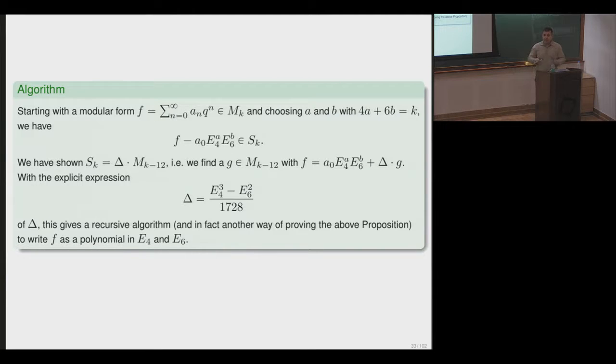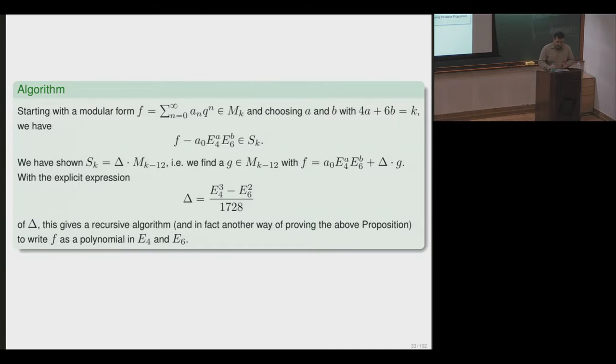And you are in the next step of the algorithm. You have a modular form. Then it's either a cusp form, or if it's not a cusp form, you can subtract a multiple of this monomial in E4 and E6. And you can continue, and at the end, you are landing in a polynomial in E4 and E6.